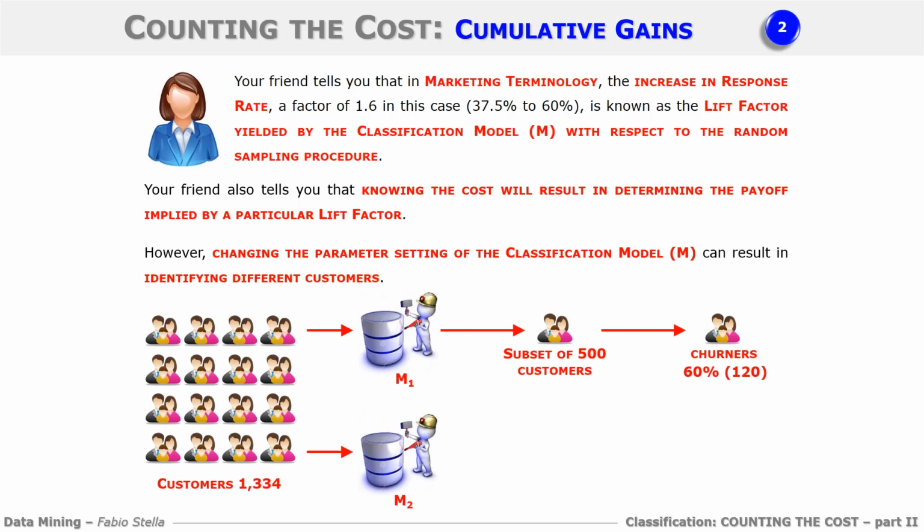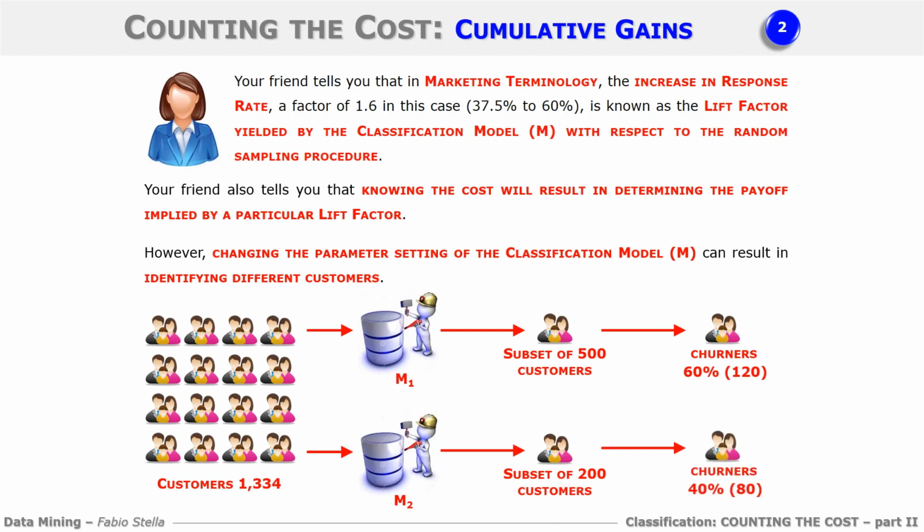However, if you apply a different classification model, the classification model capital M2, then this model will select a subset now consisting of just 200 customers as potential churners. Not 500 like the first model, like classification model M1, but just 200 customers are selected as the potential churners.